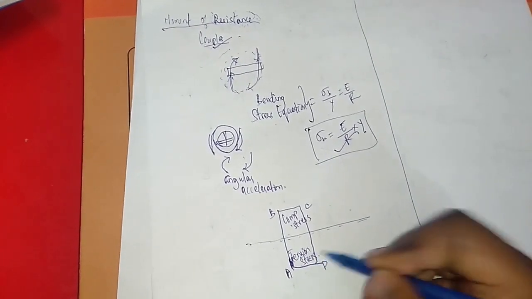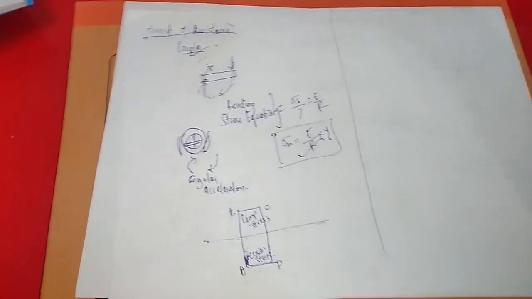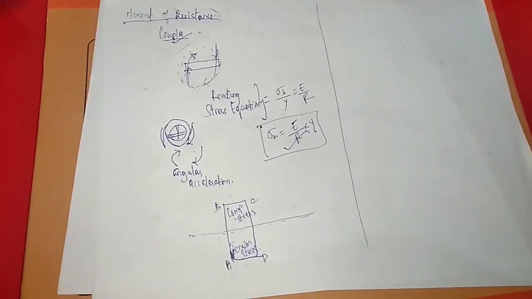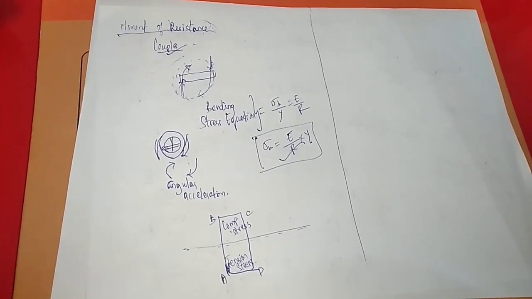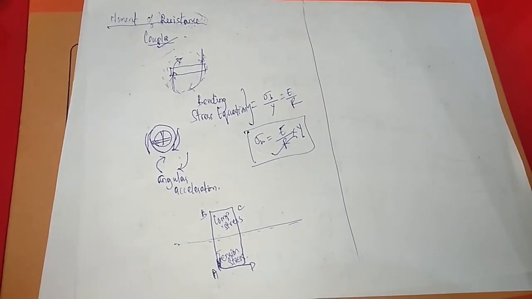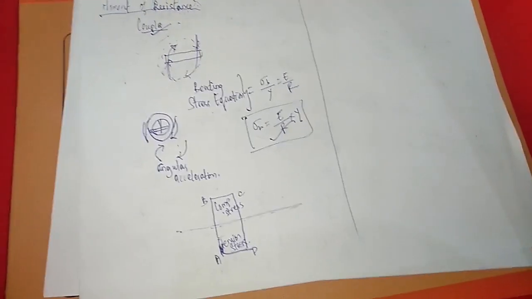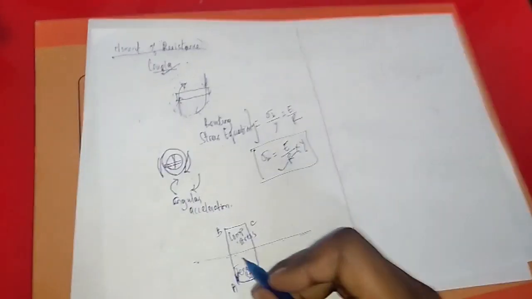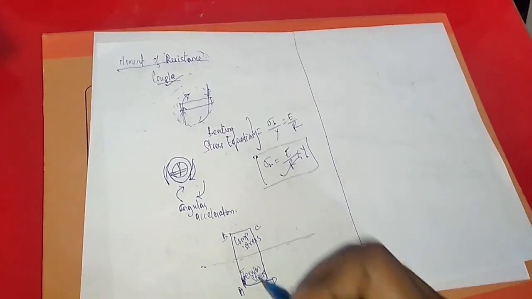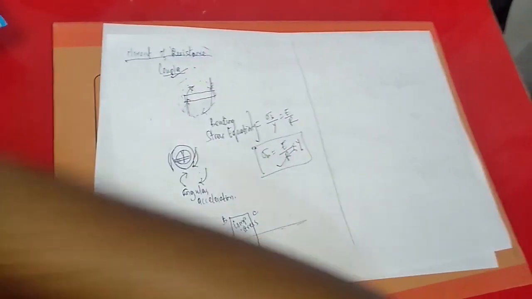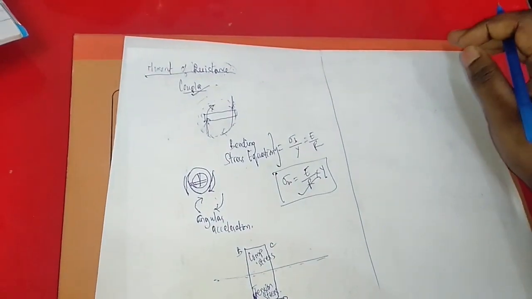So they may ask in 1 mark MCQ questions, above neutral axis what type of stress is acting, they may ask. So above means compressive stress, below means tensile stress. Okay, so there are two types of forces acting, compression stress and tension stress, above the neutral axis and below the neutral axis.